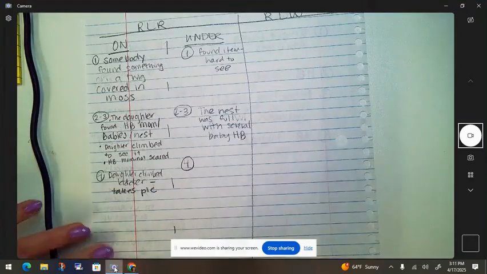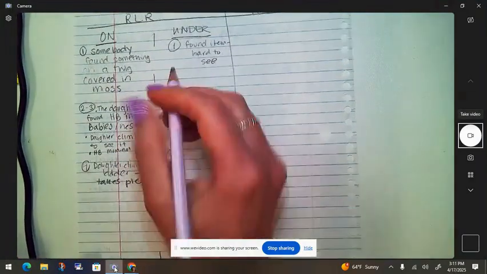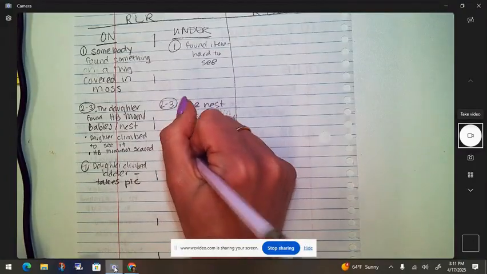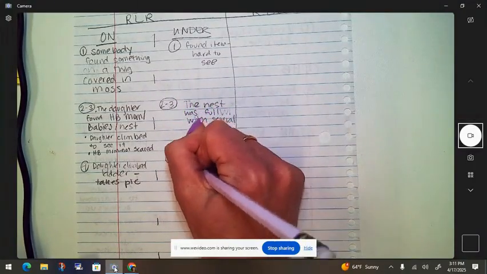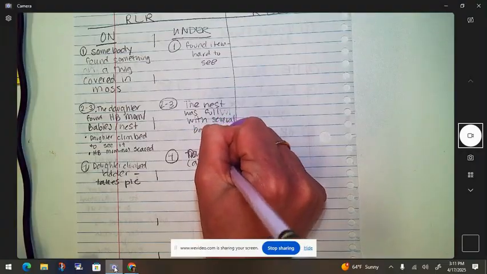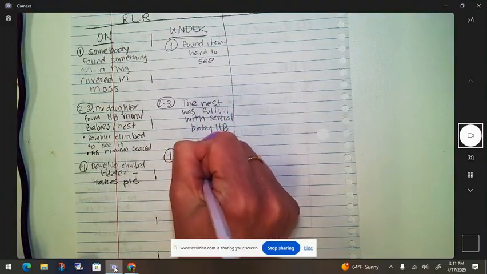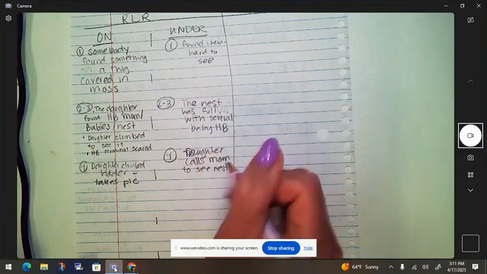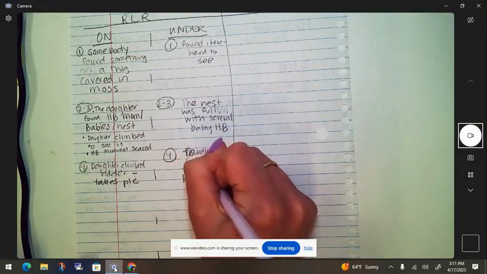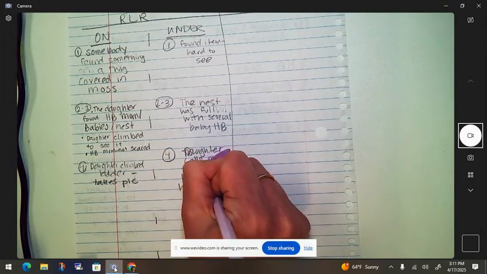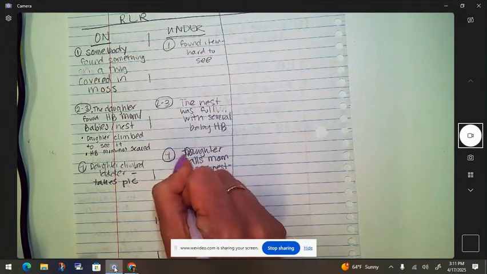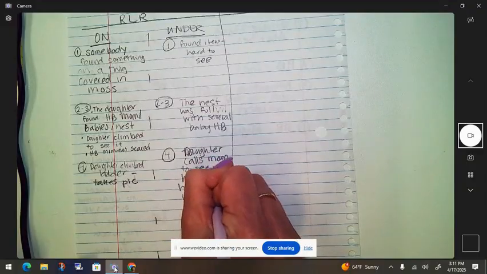So that was not directly stated. So we could just say daughter calls mom to see nest. Mom has a hard time because it's small.